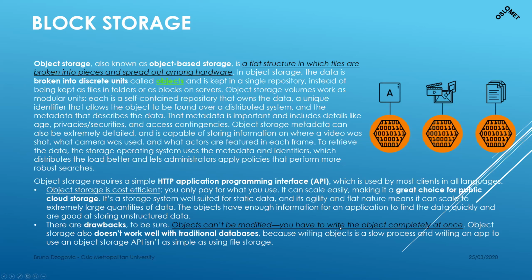But with object storage, data is stored as objects. It doesn't matter on which drive, whether it's on the same array, in the same cloud location, or in the same data center. It just matters that you're using the same metadata to describe that object. It can be a song, it can be a video file, or something like that.